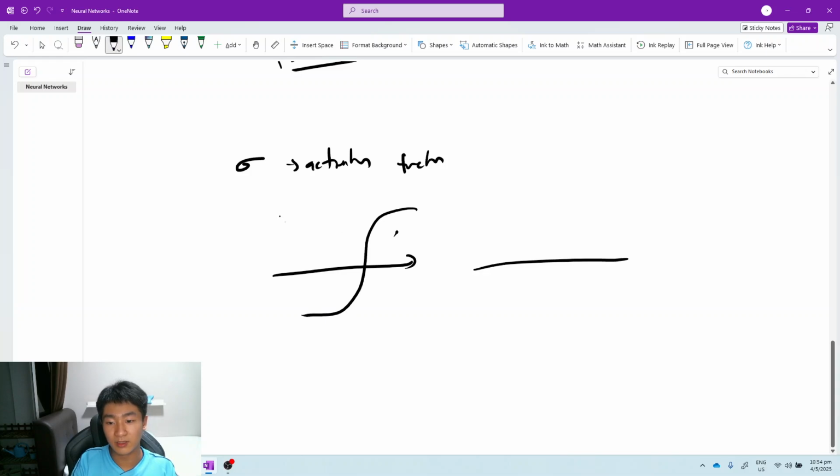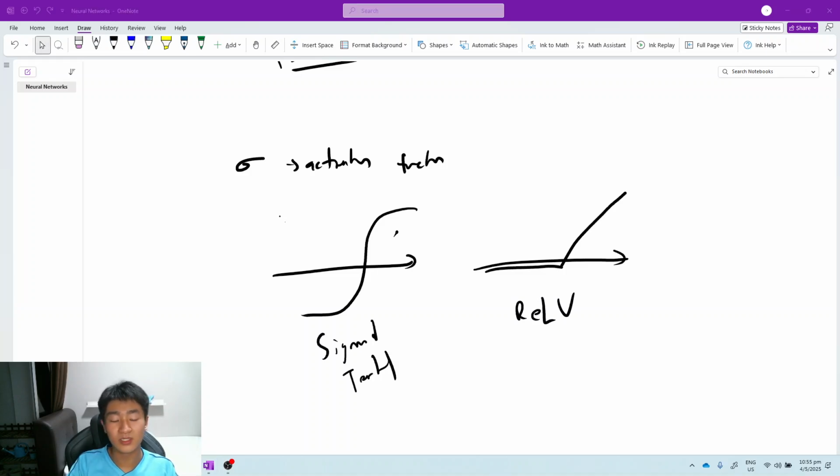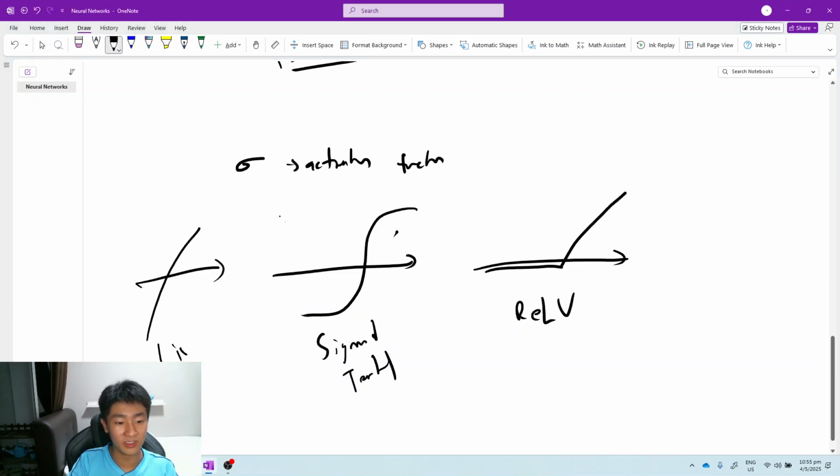Some of them look like this. This is called ReLU, or rectified linear unit. This is called a sigmoid. So you have sigmoid, you have ReLU, and let's say you didn't do anything, this is just your normal linear. So the activation function converts this linear into one of these functions.